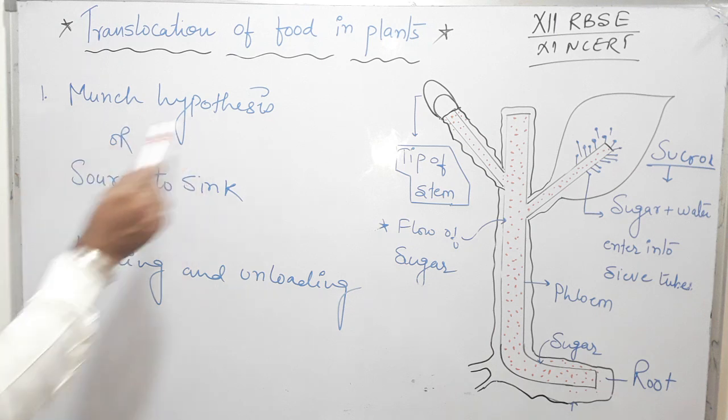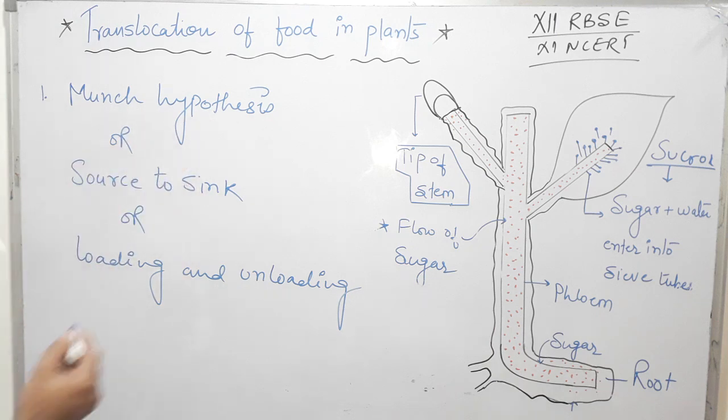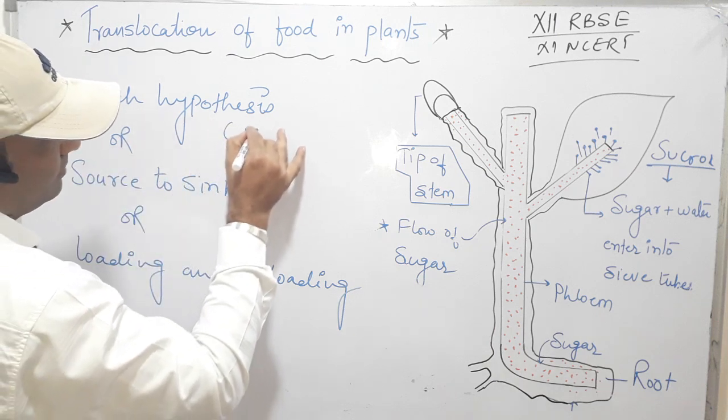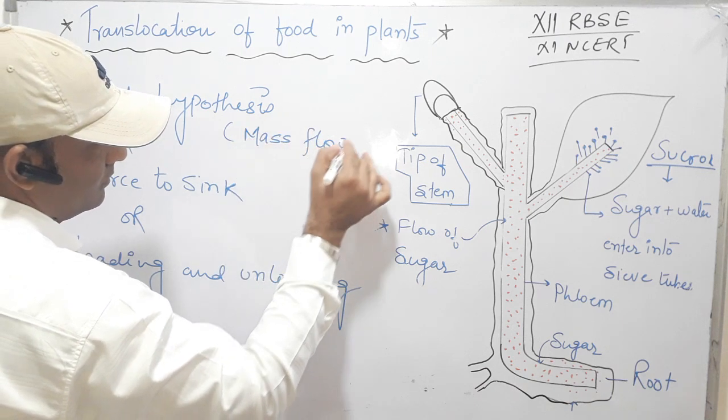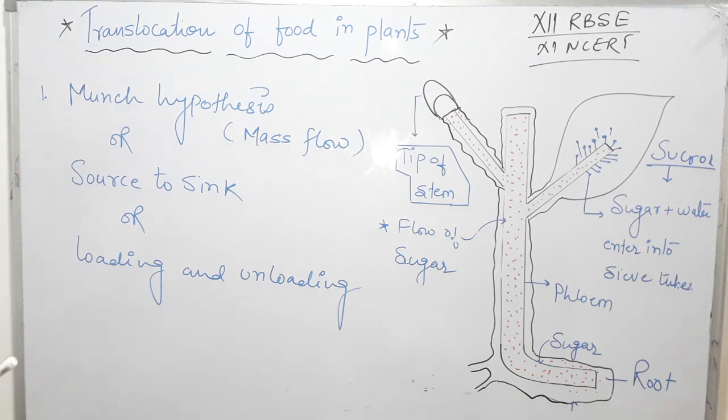So the hypothesis which is proposed by Munch is called the mass flow hypothesis, proposed by Munch for the explanation of translocation of food in plants.